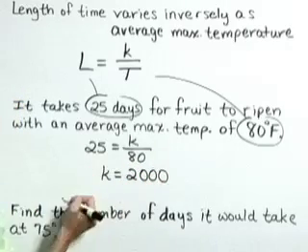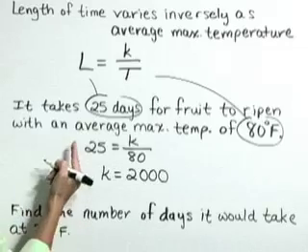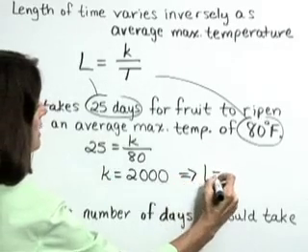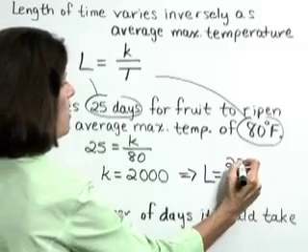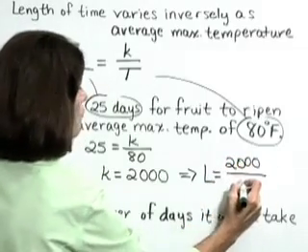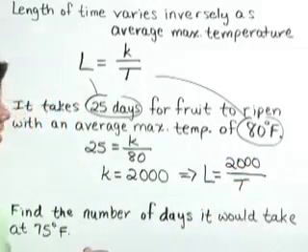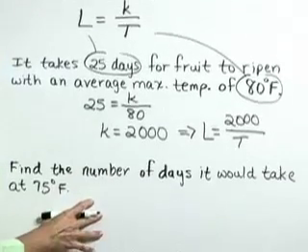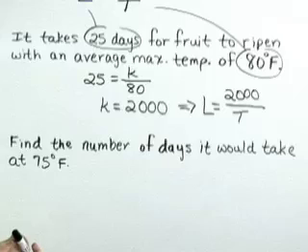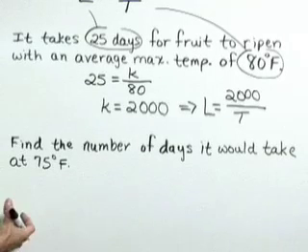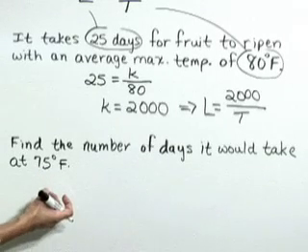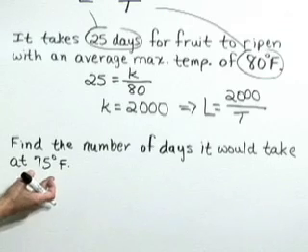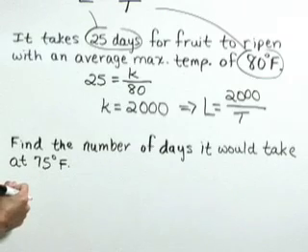So having solved for K, we can say that our equation looks like L is equal to 2,000 over T. Now we've got a third part to this problem, a question that's asked of us. Find the number of days it would take for this fruit to ripen during the growing season if we've got an average maximum temperature of 75 degrees Fahrenheit.